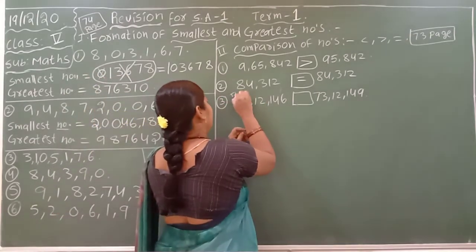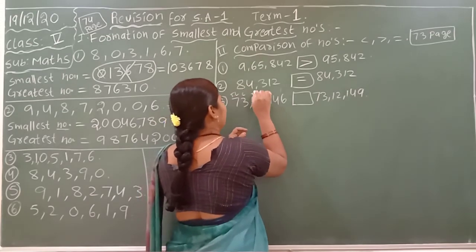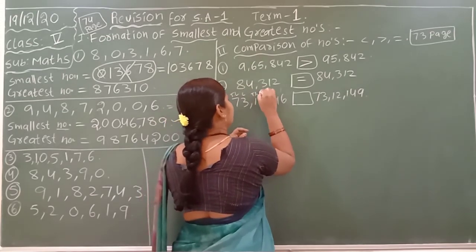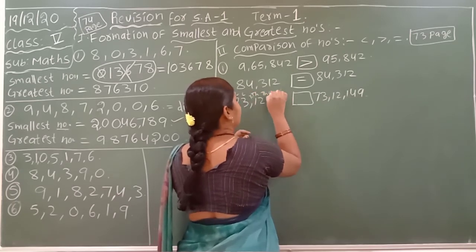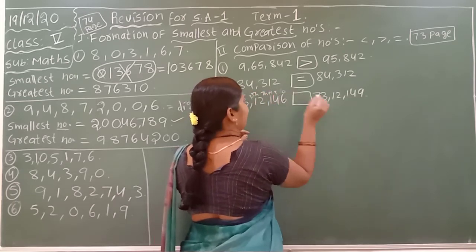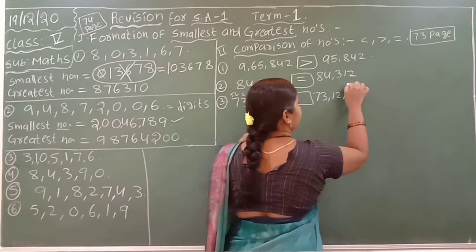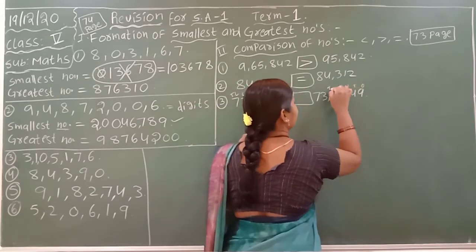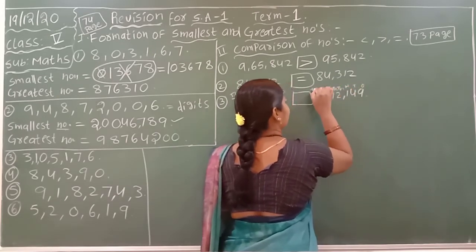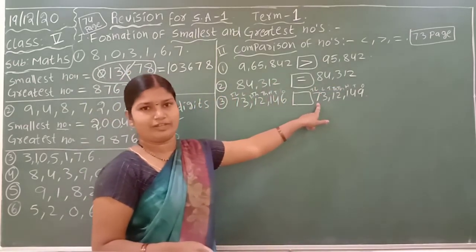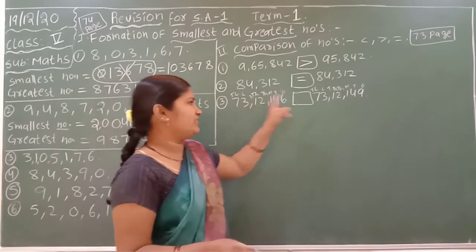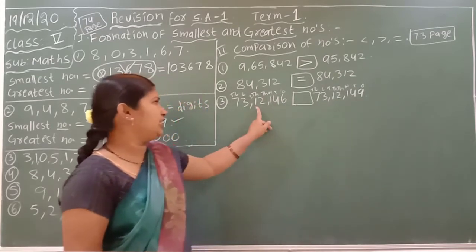See: 10 lakhs, lakhs, 10,000s, thousands, hundreds, tens, ones. Ones, tens, hundreds, thousands, 10,000s, lakhs, 10 lakhs. 10 lakhs place, 7 and 7 common. Lakhs place, 3 and 3 common. Check the next place.